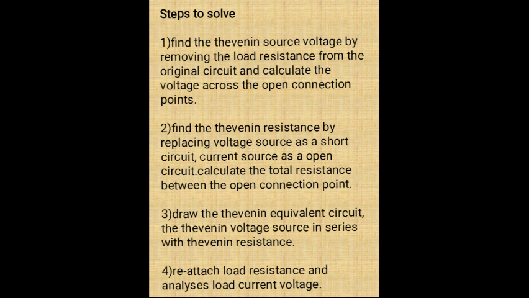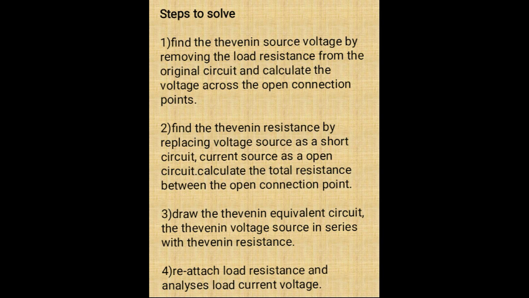Now there are some steps for solving network problems using Thevenin theorem. First is find the Thevenin source voltage by removing the load resistance from the original circuit and calculate voltage across the open connection point.